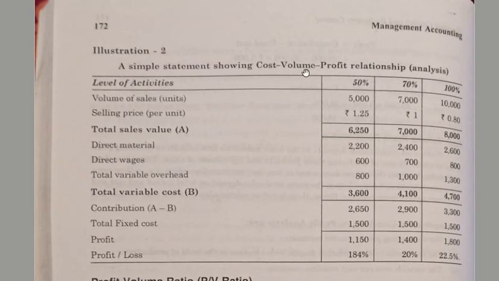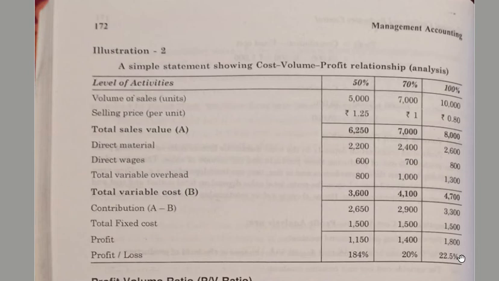So a simple statement showing cost, volume, profit relationship. We start with sales units, which is 5,000 for 50%, 70% is 7,000, 100% is 10,000. For example, they have given the value for 50% and told us to calculate for 70% and 100% of output.